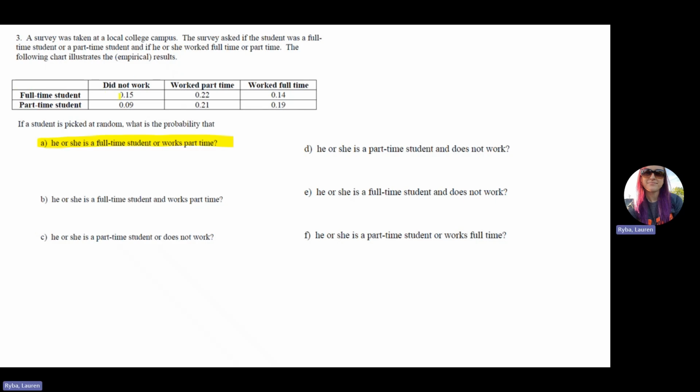So full-time students are here in this row. Or works part-time. Part-time is this column. So what I need to do is I need to sum all of those values together to get the probability of full-time student or working part-time.